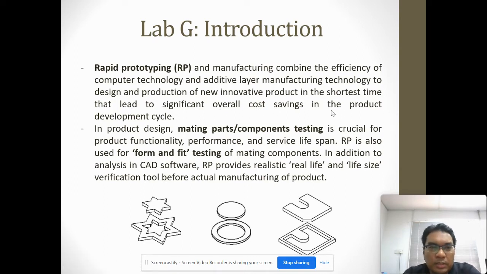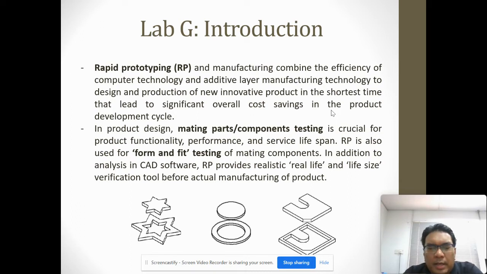Before RP was invented, we designed using software and then sent it for processes such as injection molding or CNC. For injection molding you need to make tools, so it costs a lot, and it is basically for mass production.